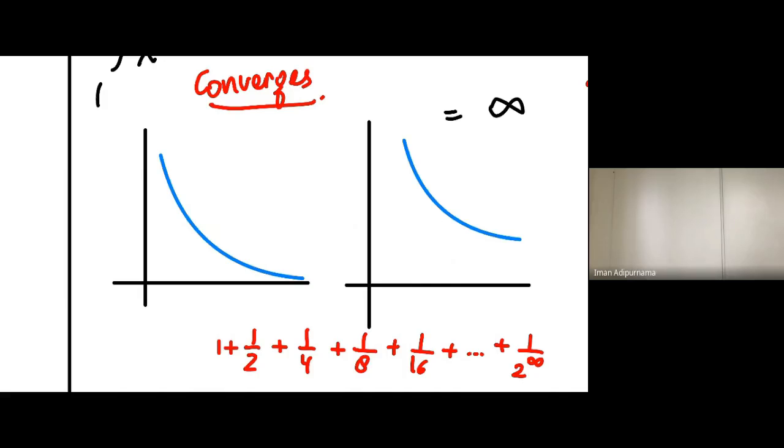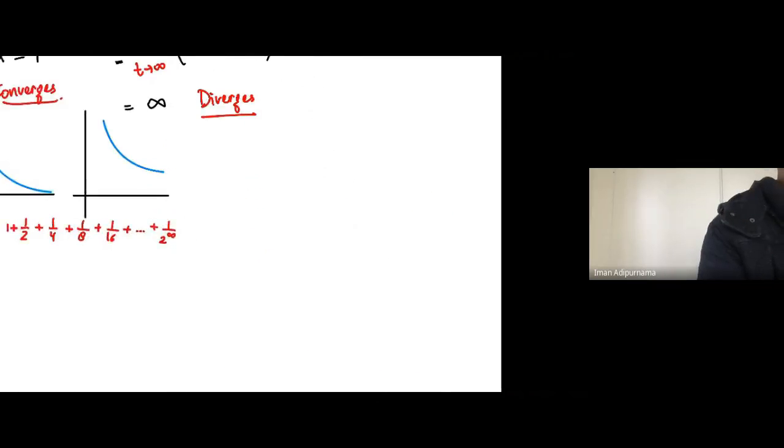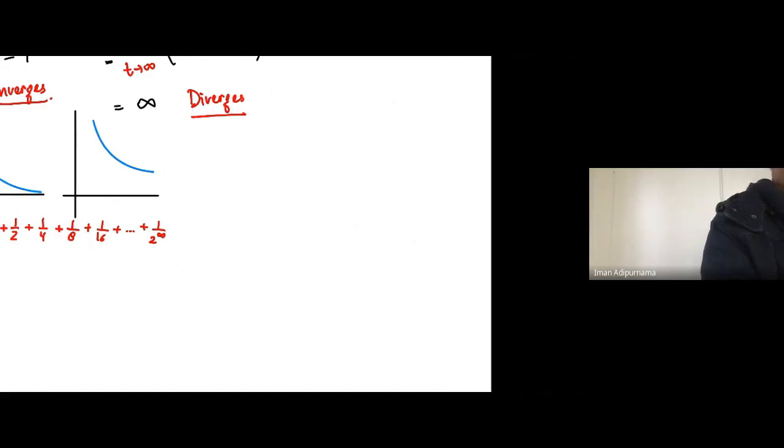So we can state that the integral of 1 over x diverges, and 1 over x squared converges. And we can actually make some relations.